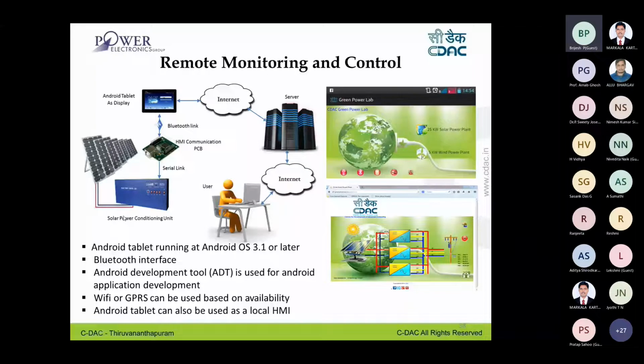tablets or PC. And by utilizing those tablets, you can post data onto the internet and to your server, and you can remotely monitor, and also you can control. You can pass control signals. In an administrative login, you can pass control signals to your remote microgrid or conditioning system.